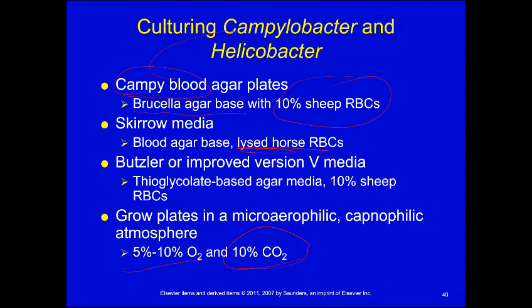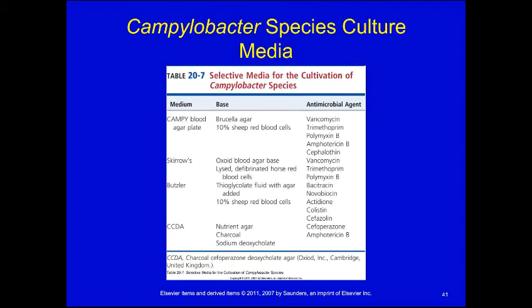Tandaan yung mga sinabing agar, ha? So, this is your Campylobacter species culture media. Your Campy BAP blood agar. The base is Brucella agar and 10% sheep red blood cell. It is incorporated with the following antimicrobial agents: vancomycin, trimethoprim, polymyxin B, amphotericin, and cephalothin.